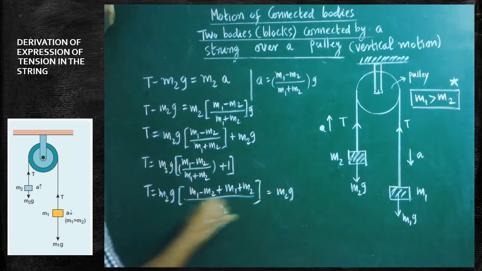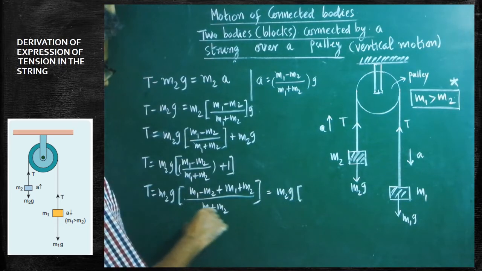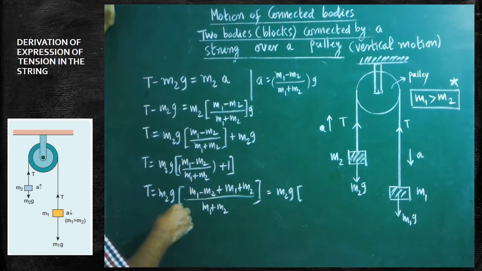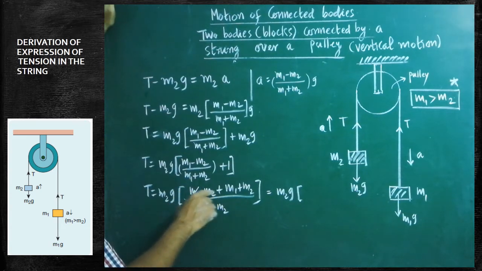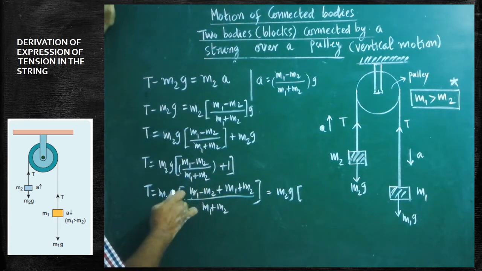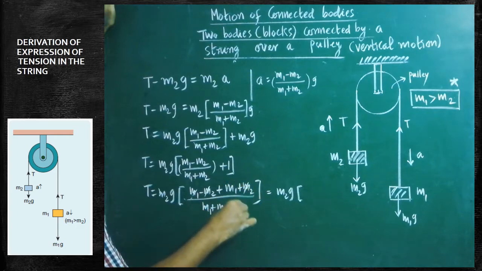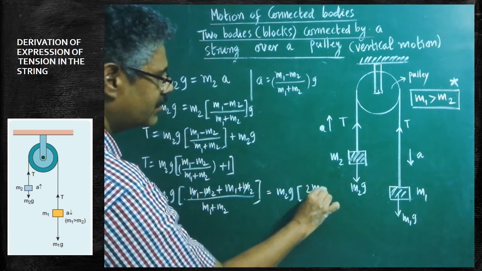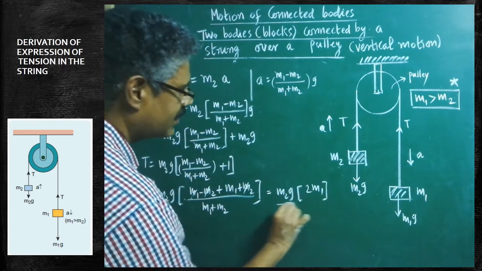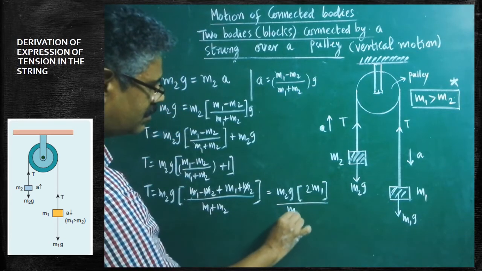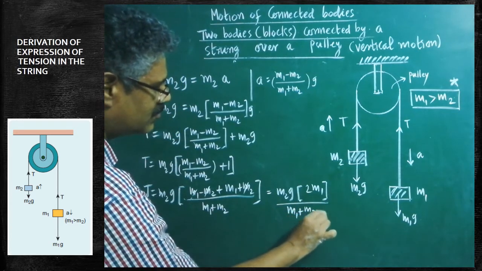m2g is the common factor. Here within the bracket we can cancel the common factors: m1 plus m1 gives 2m1, and m2 is cancelled. So you will get 2m1 divided by (m1 + m2).